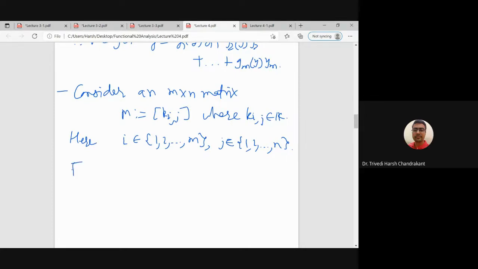So for each x, we know that we can write x as f1(x) x1 plus f2(x) x2 and so on.